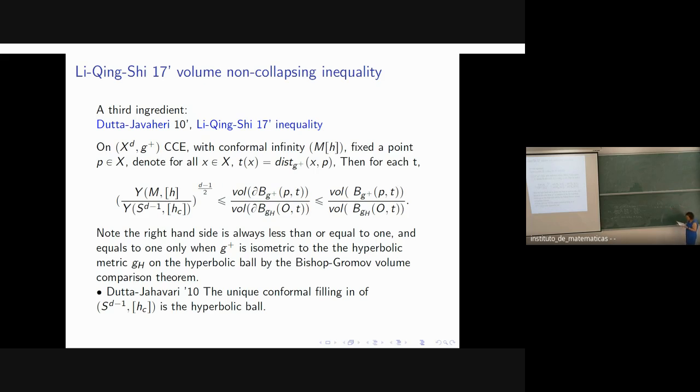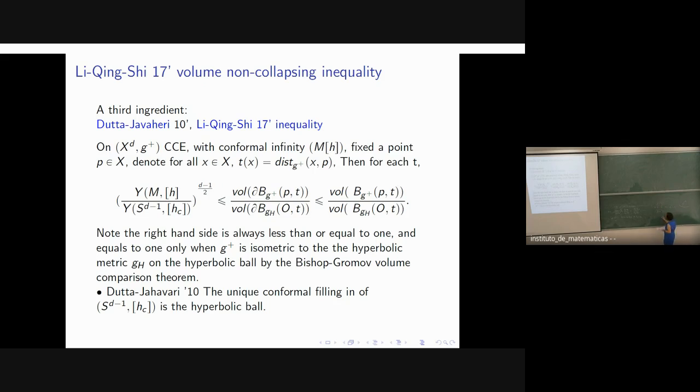And then we have, say, G theta equal to e to the minus 2t times G plus. Think about this compactification. So we have two compactifications: one using the geodesic defining function, and the other using the distance function. And the idea is these two things are in the same conformal class. So we try to estimate the information we want about the hyperbolic ball using this compactification.